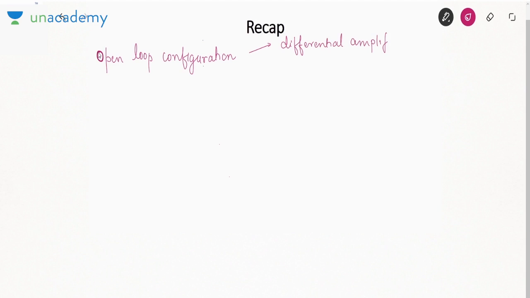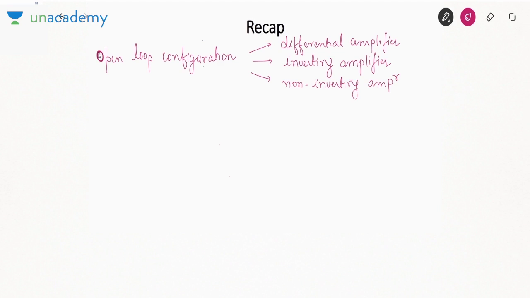The second application was inverting amplifier, which was providing 180-degree phase shift between the output and the input. And third one was non-inverting amplifier. For inverting amplifier, what did we do? We connected the input at the negative terminal. For non-inverting amplifier, we connected at the positive terminal.